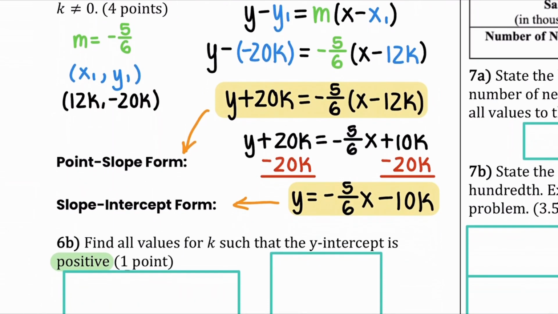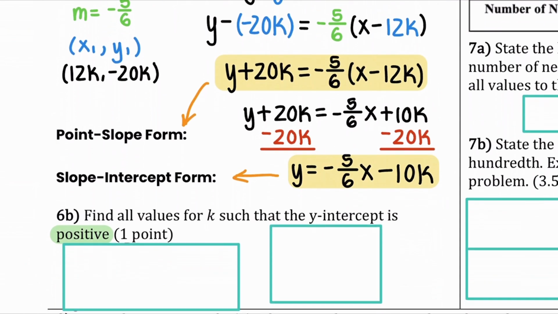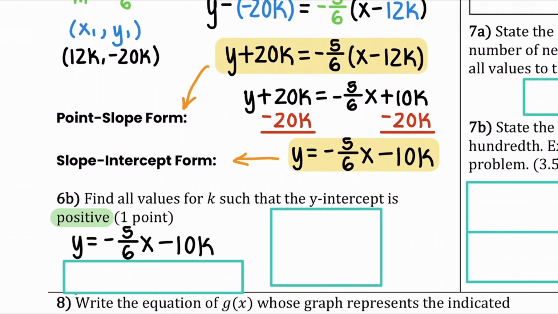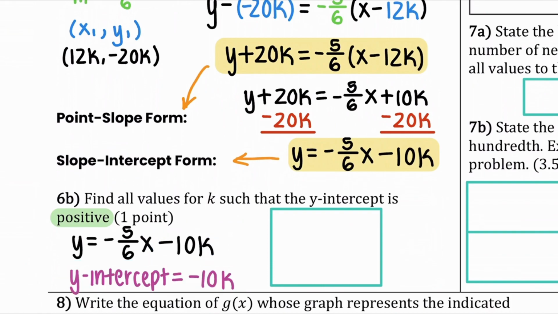Let's look at 6b. 6b says to find all values for k such that the y-intercept is positive. We know in slope-intercept form, it's obvious to see what the y-intercept is. Using our slope-intercept form, the y-intercept is this entire constant, in other words negative 10k. That's our y-intercept.